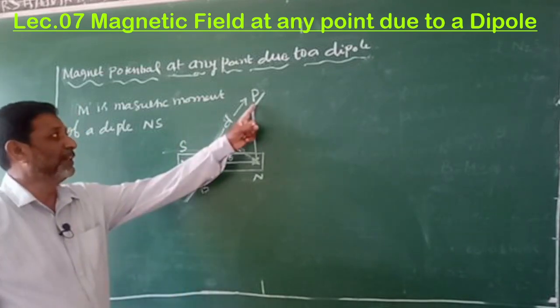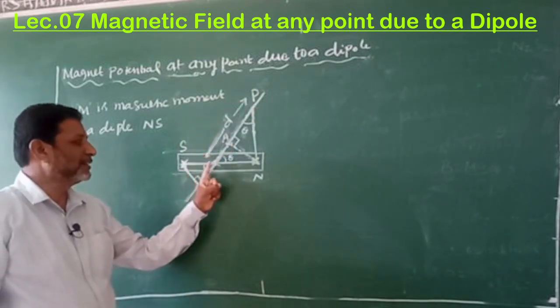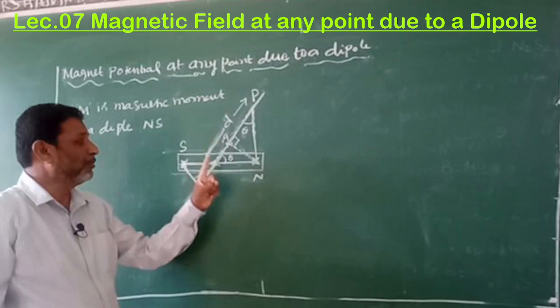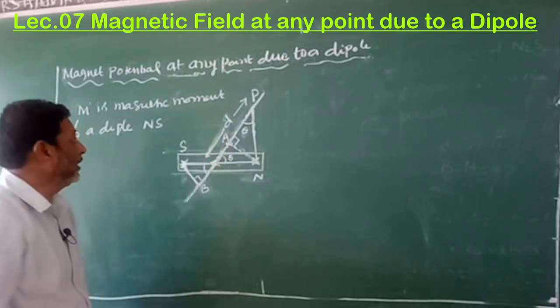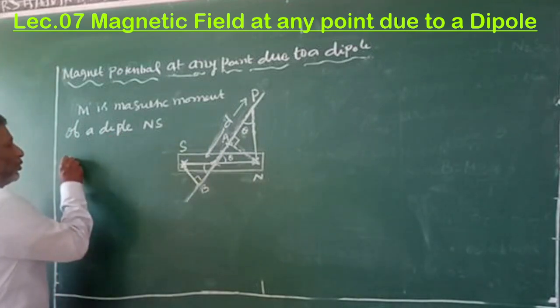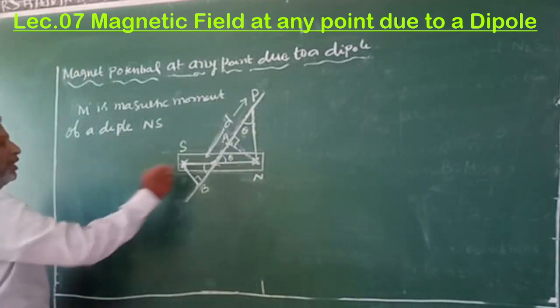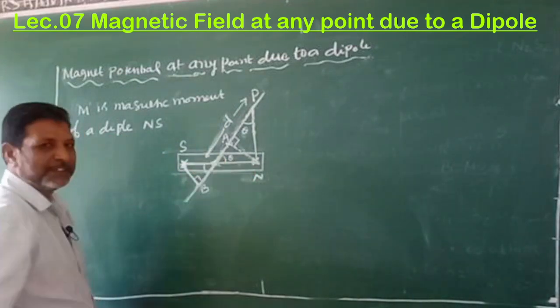Then here we need the potential due to the north pole.